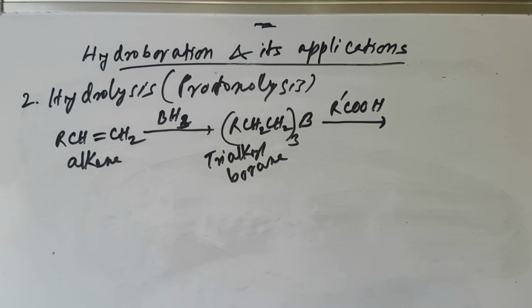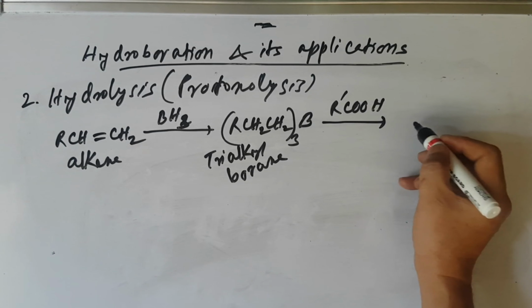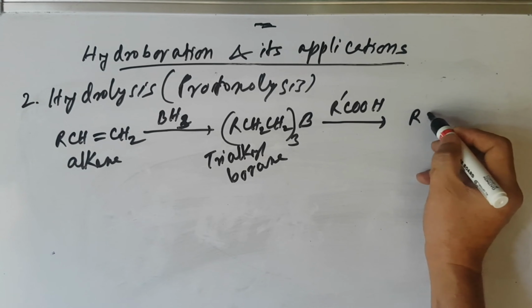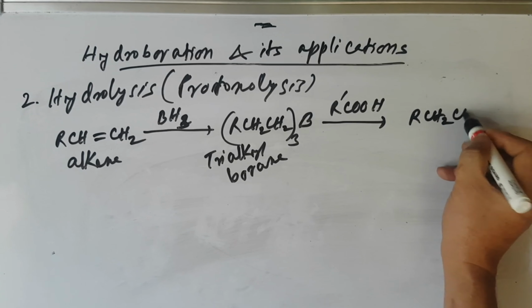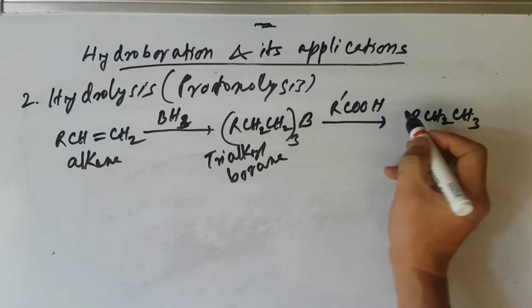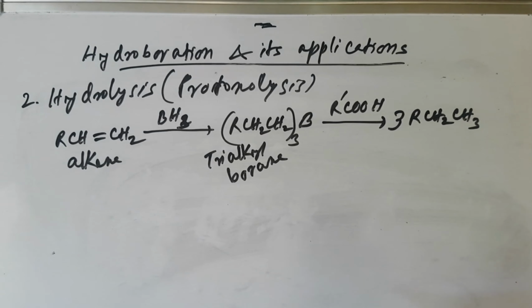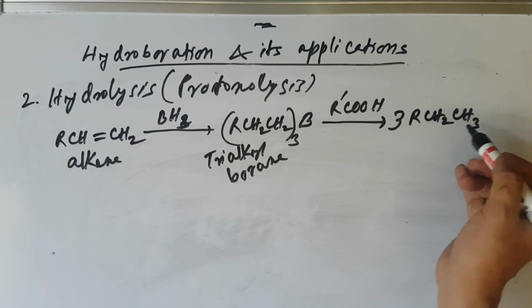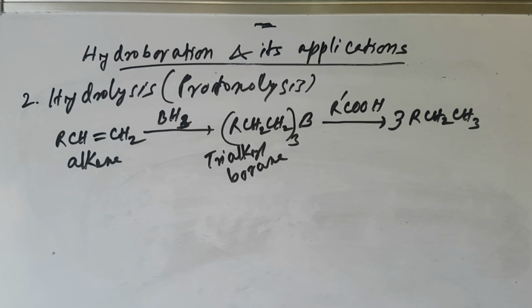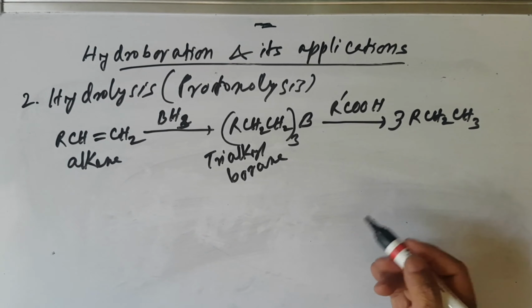So acid hydrolysis takes place, protonolysis, which gives addition of protons, giving CH2CH3 like this, 3 molecules. So I will write the mechanism of how it goes. Addition of protons takes place here; this is why it is called protonolysis.